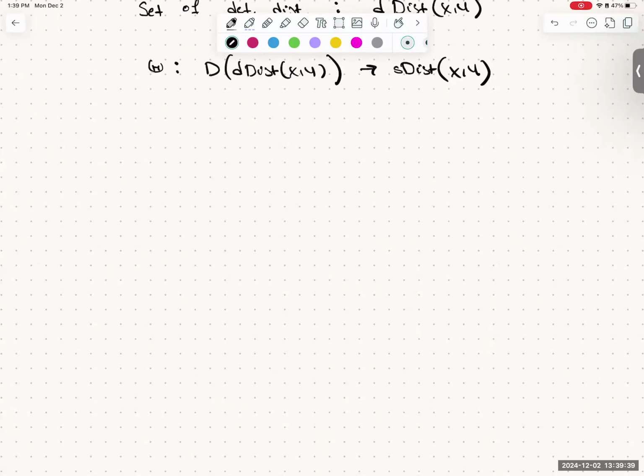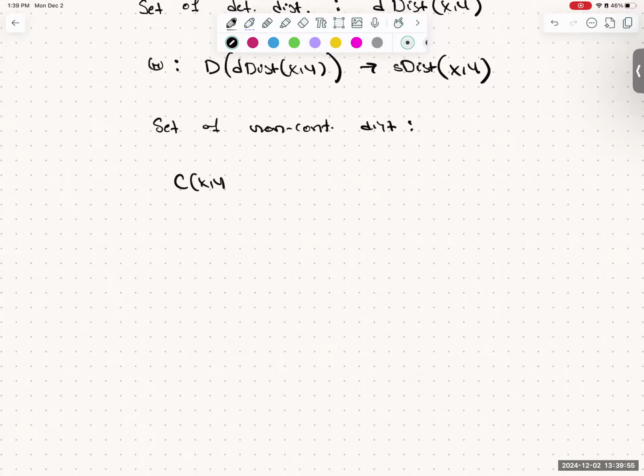So the set of non-contextual distributions is going to be something like this: C of X, Y defined as being the image of this map, which I can also write if I think of embedding these delta R's in some real Euclidean space, and then it's the convex hull of these things.